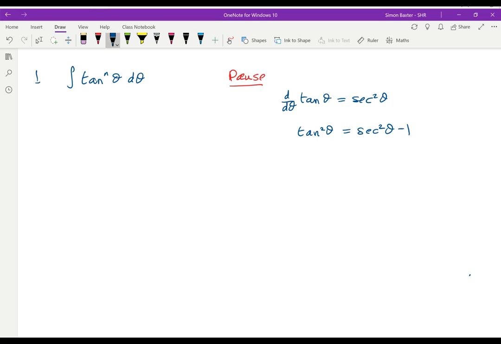So here is In. Let's rewrite that as tan to the n minus 2 theta tan squared theta. This is just tan to the n minus 2 theta times sec squared theta minus 1.